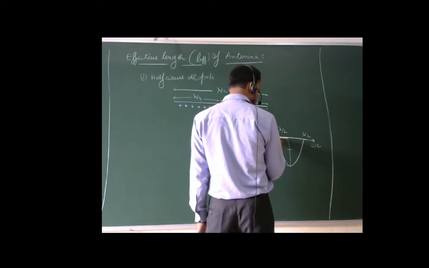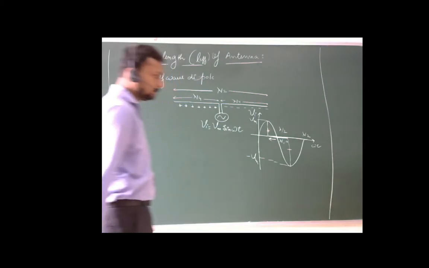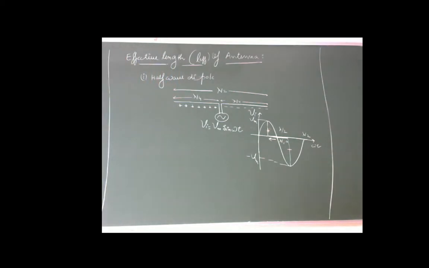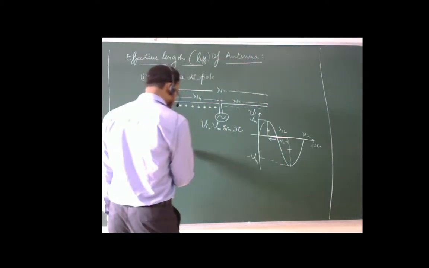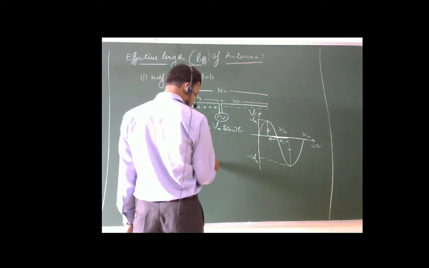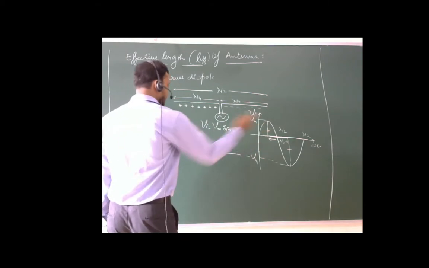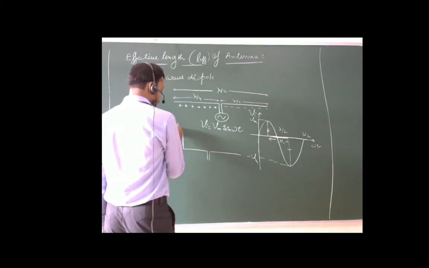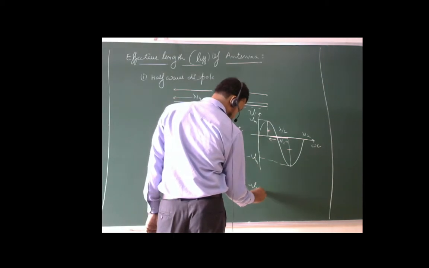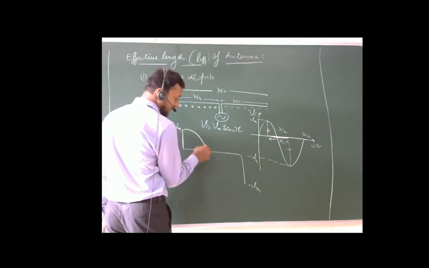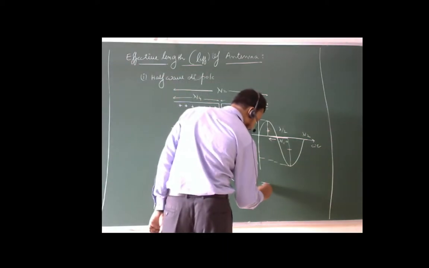This region is also lambda by 2. Now from this region to this region, the voltage swing achieved is plus Vm to minus Vm, so a swing voltage of 2 Vm is obtained here.